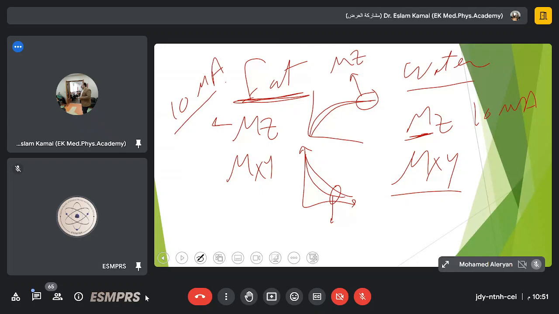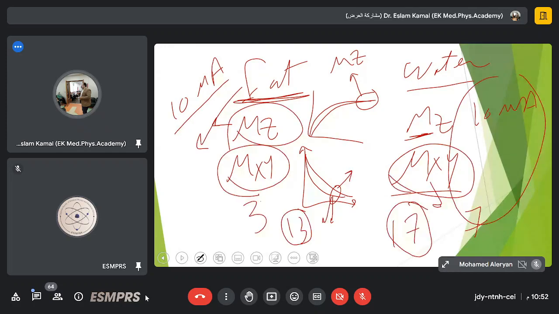That's why you are going to select a certain time where you can cancel the effect of longitudinal magnetization or cancel the effect of transversal magnetization. For example, if you want a T1 weighted image, you have to cancel the signal coming from the difference between the tissues in T2 constant.